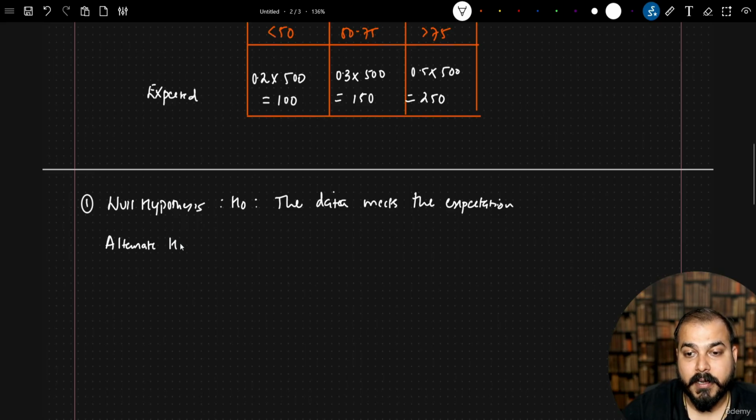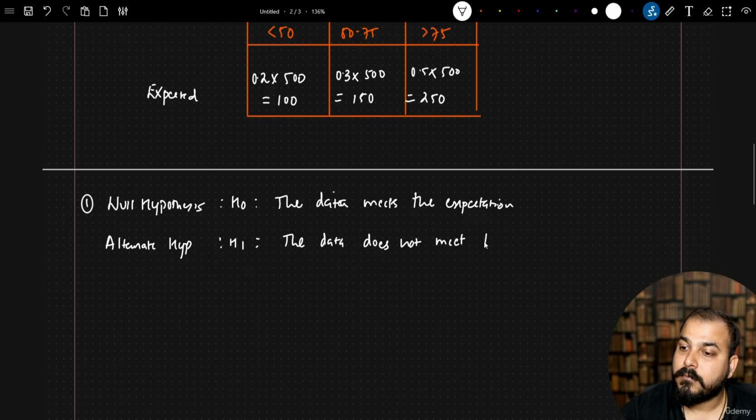Obviously my alternate hypothesis will be H1, and it will be the reverse of that: the data does not meet the expectation. It meets the expectation, does not meet the expectation. That is what the alternate hypothesis will be.